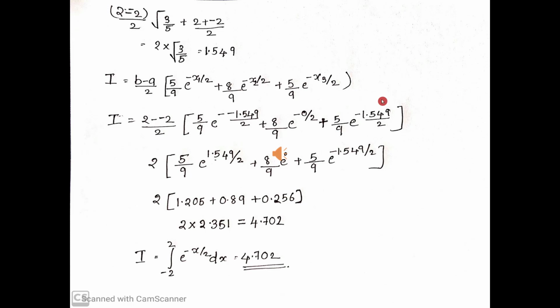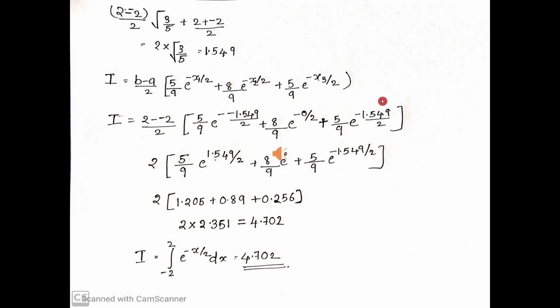On substituting the values, I equal to (2 minus minus 2) by 2 into 5 by 9 e raised to minus minus 1.549 by 2 plus 8 by 9 e raised to minus 0 by 2 plus 5 by 9 e raised to minus 1.549 by 2, equal to 2 into 5 by 9 e raised to 1.549 by 2 plus 8 by 9 e raised to 0 plus 5 by 9 e raised to minus 1.549 by 2, equal to 2 into 1.205 plus 0.89 plus 0.256, equal to 2 into 2.351 equal to 4.702.